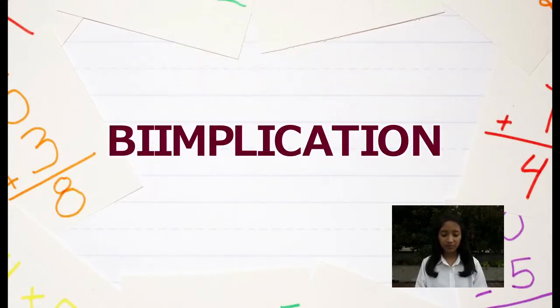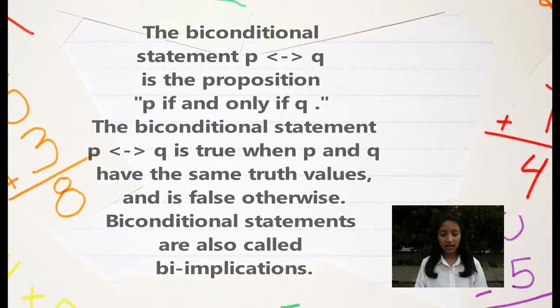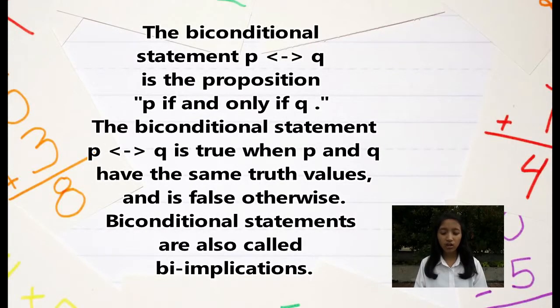Biimplication. The biconditional statement P if and only if Q is the proposition P if and only if Q. The biconditional statement P if and only if Q is true when P and Q have the same truth value and is false otherwise.